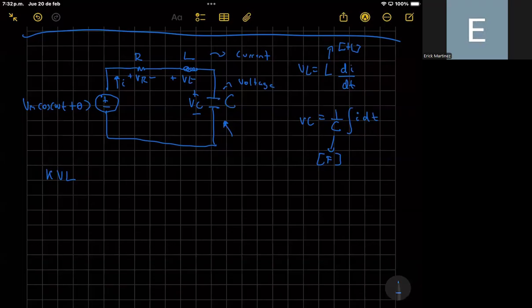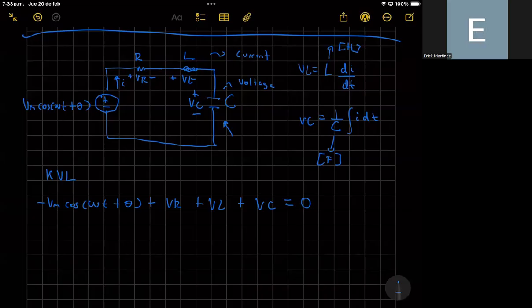Since we are considering that the current goes in this direction, the Kirchhoff voltage law is as follows. We have Vm times the cosine of omega times t plus theta, plus Vr, plus the voltage of the inductor, plus the voltage of the capacitor, and the addition of all of these four voltages is equal to 0.